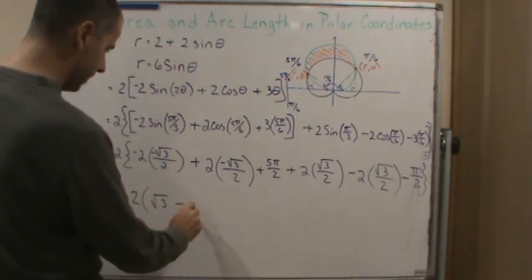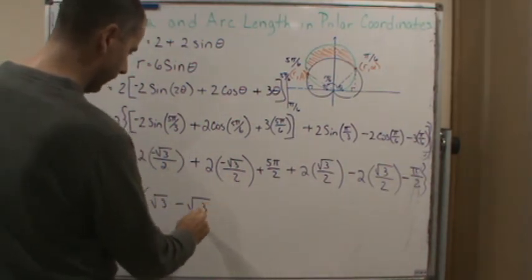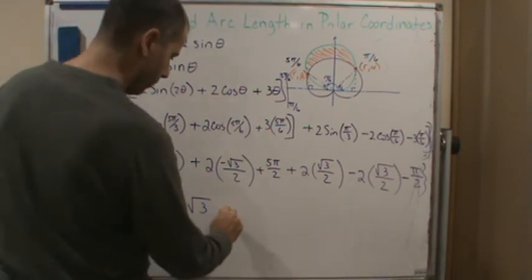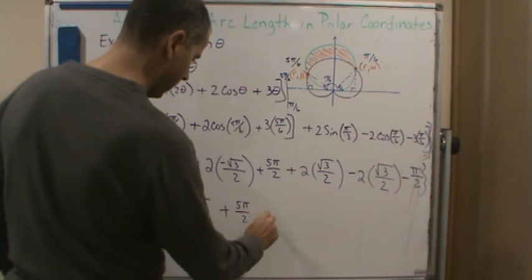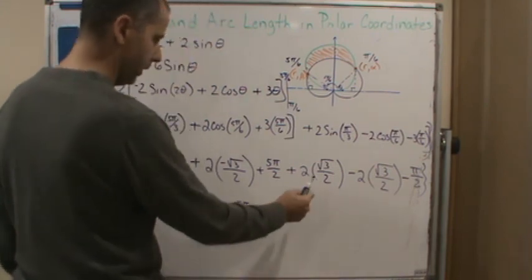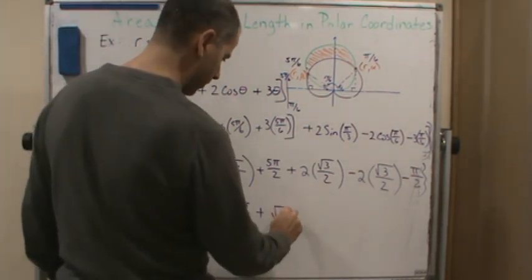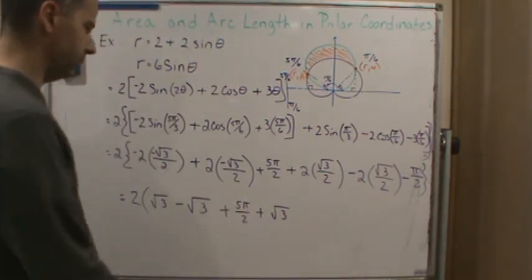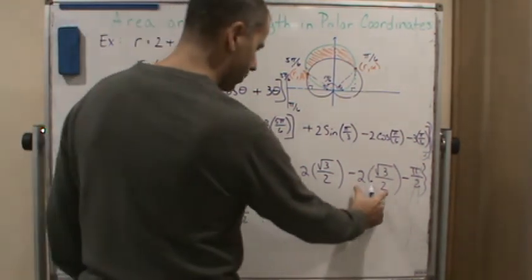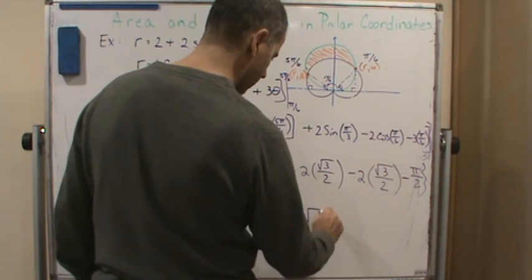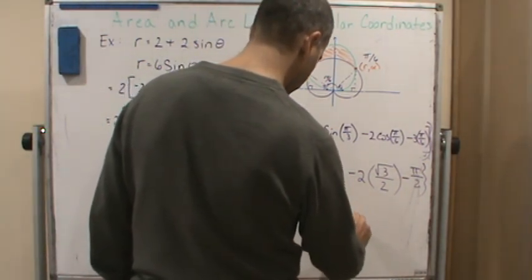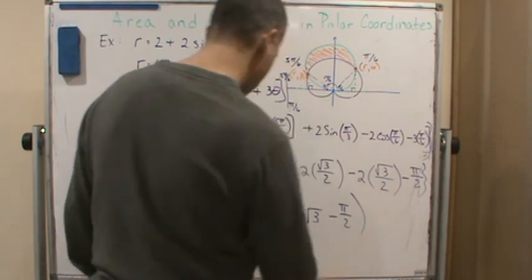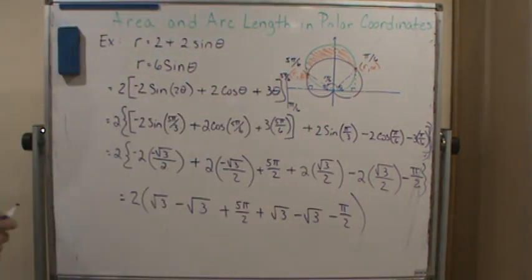So I'm going to get minus the square root of 3. Plus 5 pi over 2. Plus, this is going to give me square root of 3 over square root of 3. Okay? This is going to give me minus the square root of 3 minus pi over 2. Now things start to simplify.